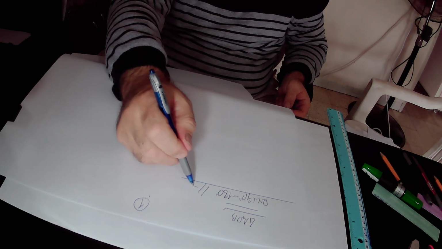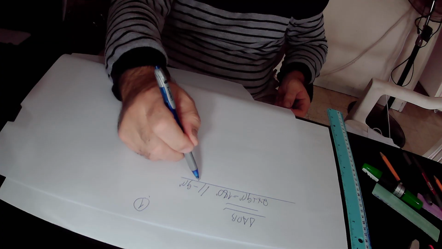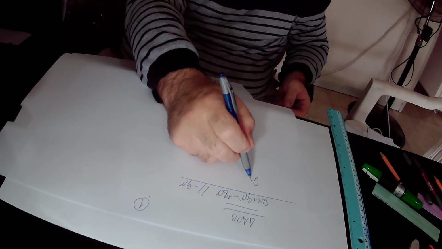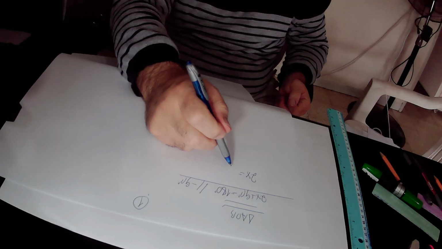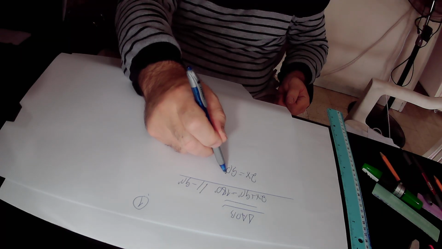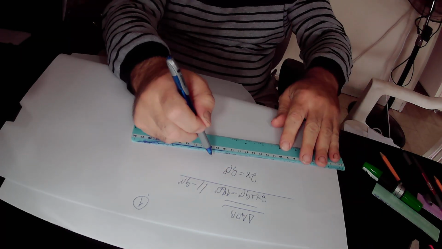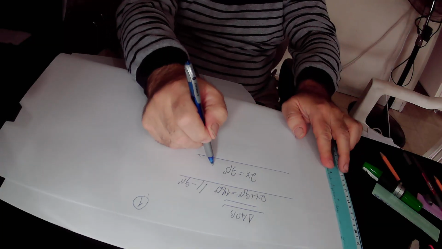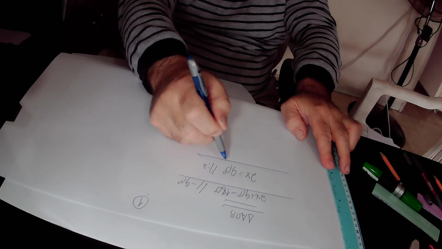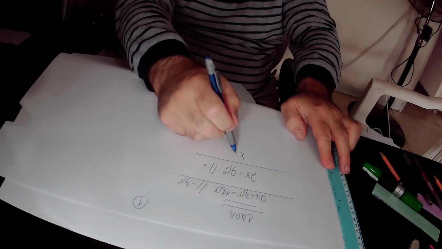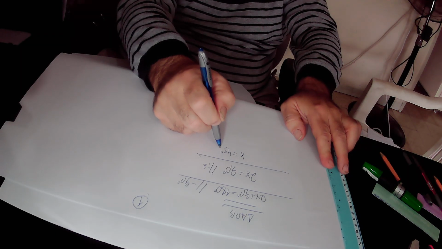Here we subtract 90 degrees, and we get that 2x equals 180 degrees minus 90 degrees, which is 90 degrees. Here we divide by 2, and finally we get that the missing angle x equals 90 degrees over 2, that is 45 degrees.